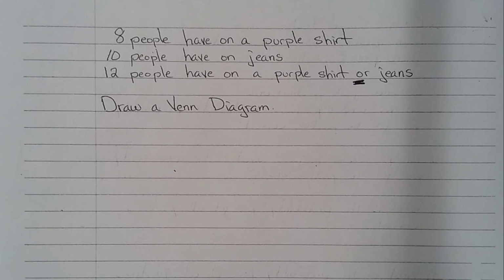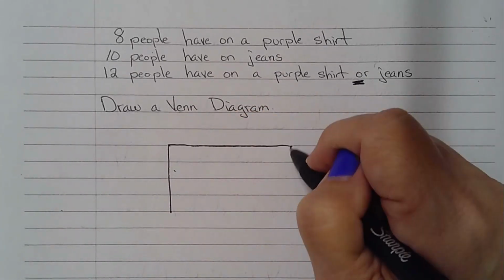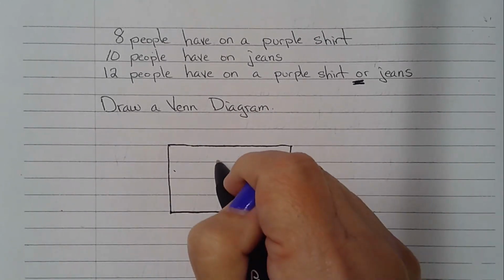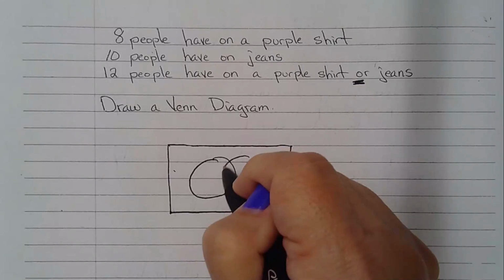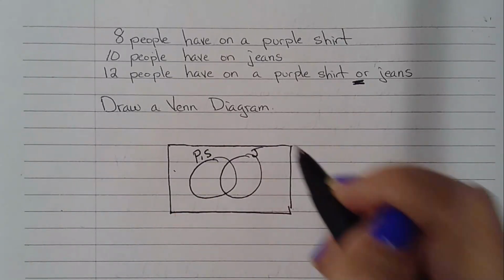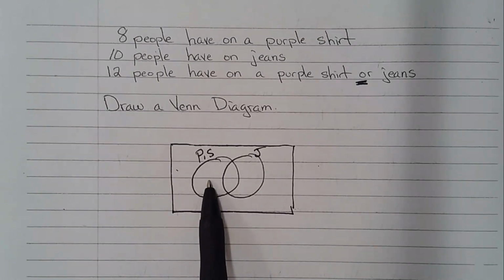All right, let's start taking a look. Hopefully you started by drawing a rectangle. Remember, your Venn diagrams have to be a rectangle so we know what's in our population. And we have these 2 intersecting circles here. Purple shirt, jeans. So when it says 8 people have on a purple shirt, I hope that you did not just put the 8 right here.